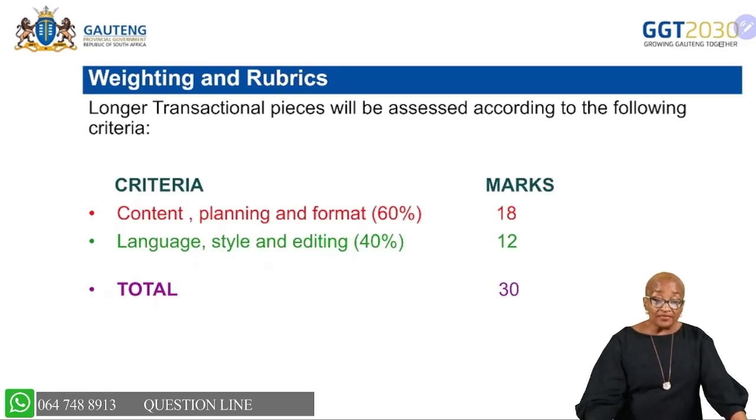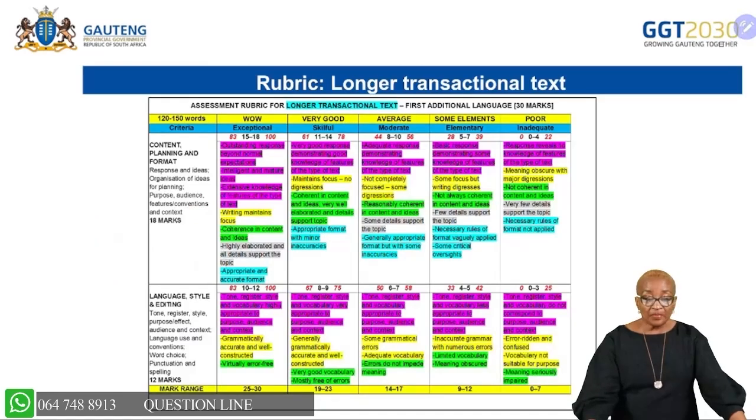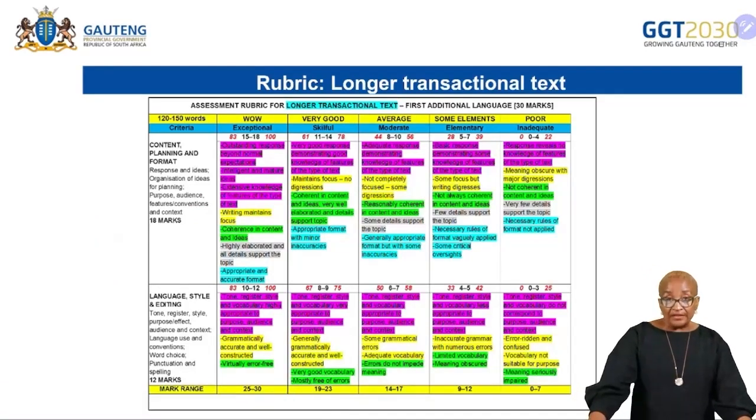We also have language, style, and editing, which is out of 12, and that forms 40% of the transactional text, giving us a total of 30. A rubric is used to mark a longer transactional text or even a shorter transactional text, as well as an essay.